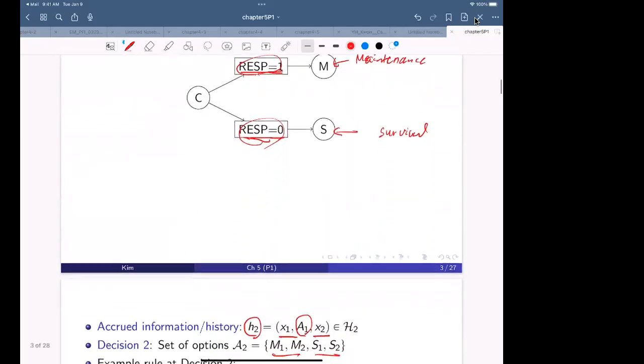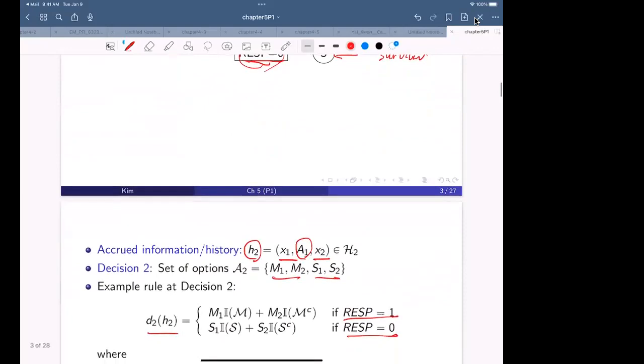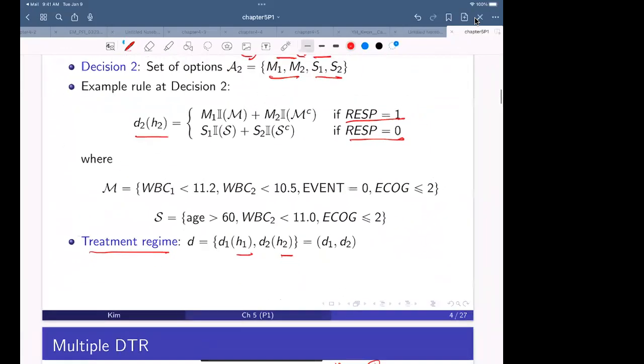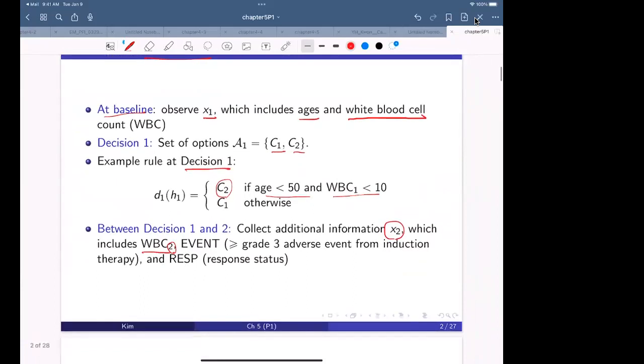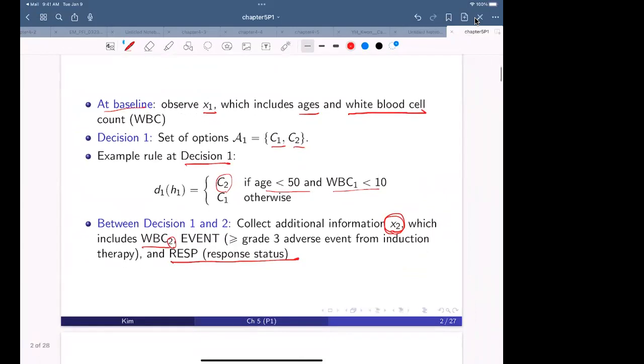You're right. I think the concept here is that X2 contains the response status of the previous visit. So this is a part of your X2. But if you think about whether it is unconfounded at X2, then we need to think about the patient's action at X2.